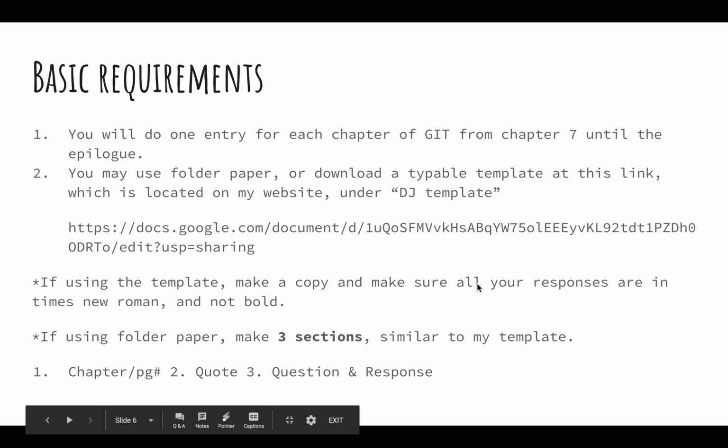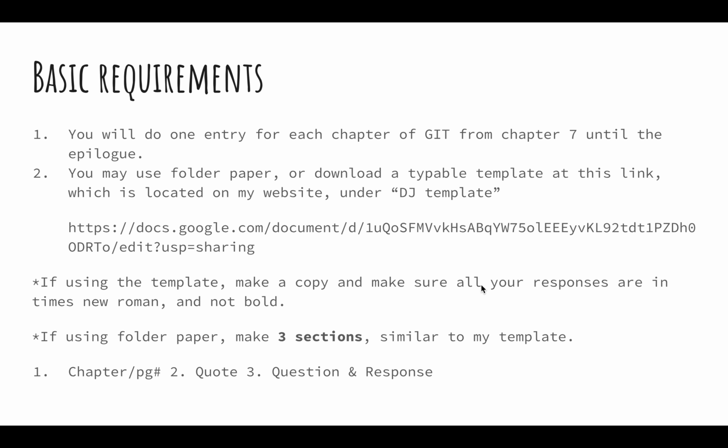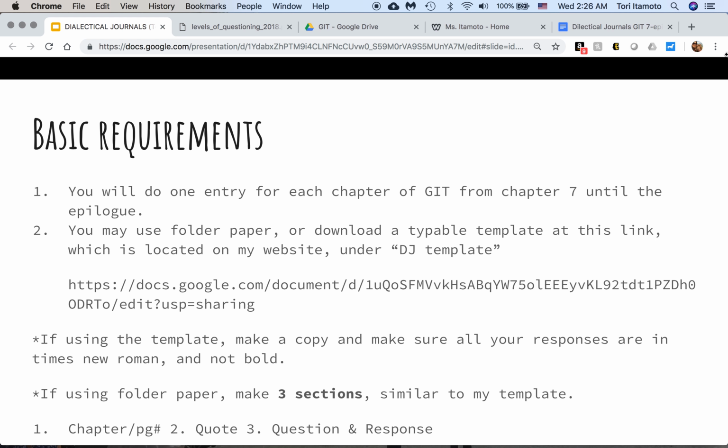I don't really care how you set your paper up as long as it has these 3 sections. Now that we've gone over this, you're going to draft a question for chapter 7.